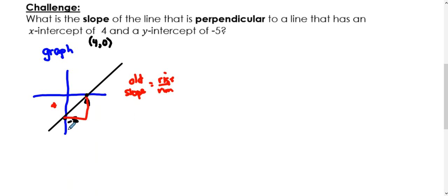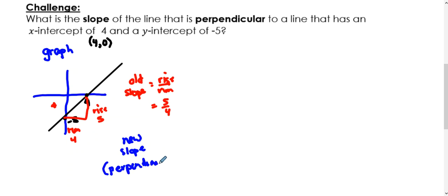I've got a run of 4 and a rise of 5. So that's 5 over 4. Therefore, my new slope, which has to be perpendicular, has to be -4 over 5. So graphically, that's what it could be done like.